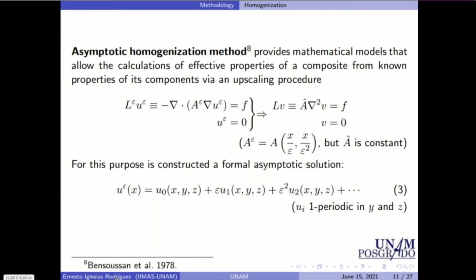Formally, what they do is represent the solution as an asymptotic series with periodic coefficients, a series of epsilon exponents.